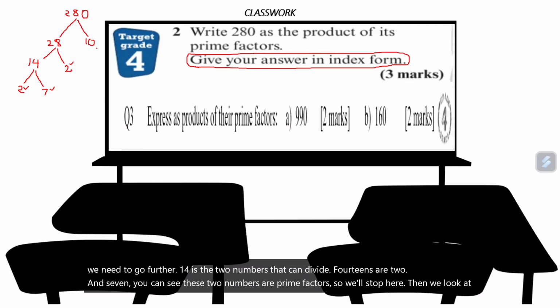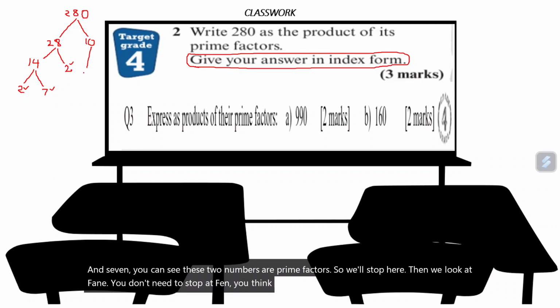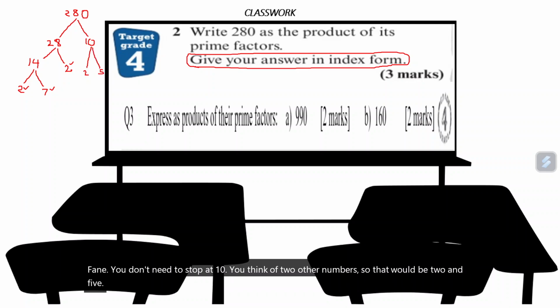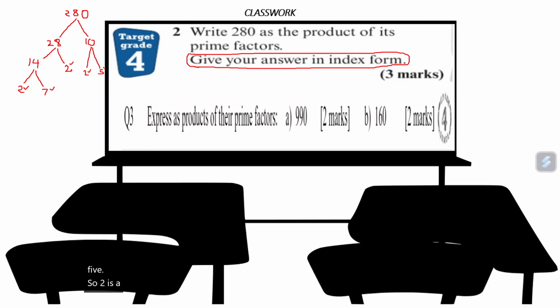You don't need to stop at 10. You think of two other numbers, so that would be 2 and 5. So 2 is a prime factor, 5 is a prime factor.